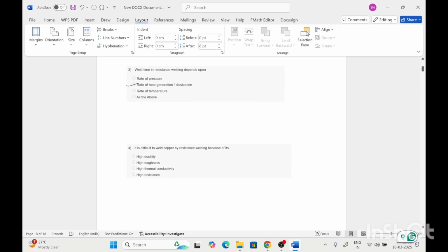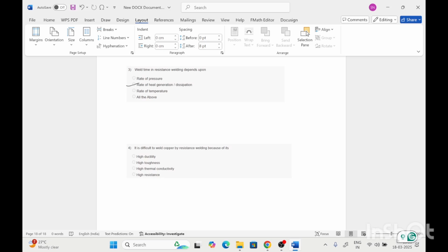We need to provide that much heat to generate the welding. But if you are applying more pressure, then weld time should be lesser? No, pressure is only to consolidate the welding joint after melting.